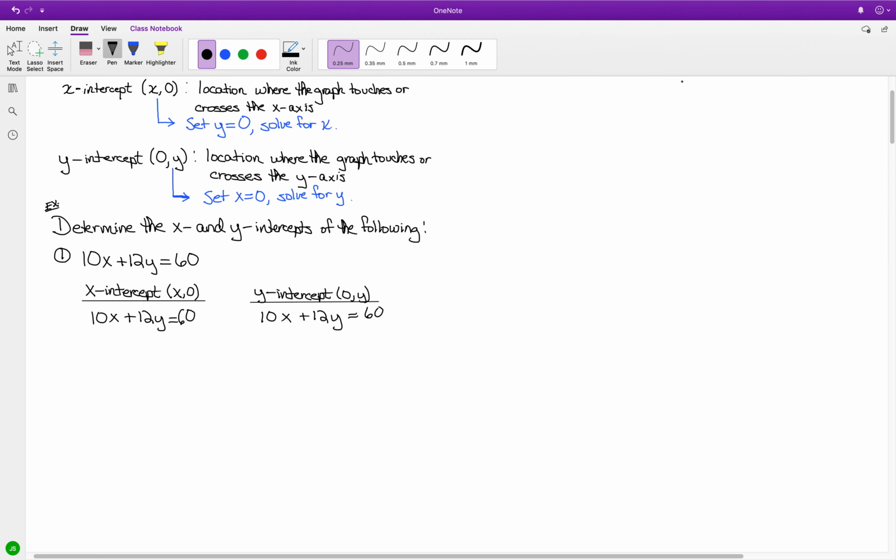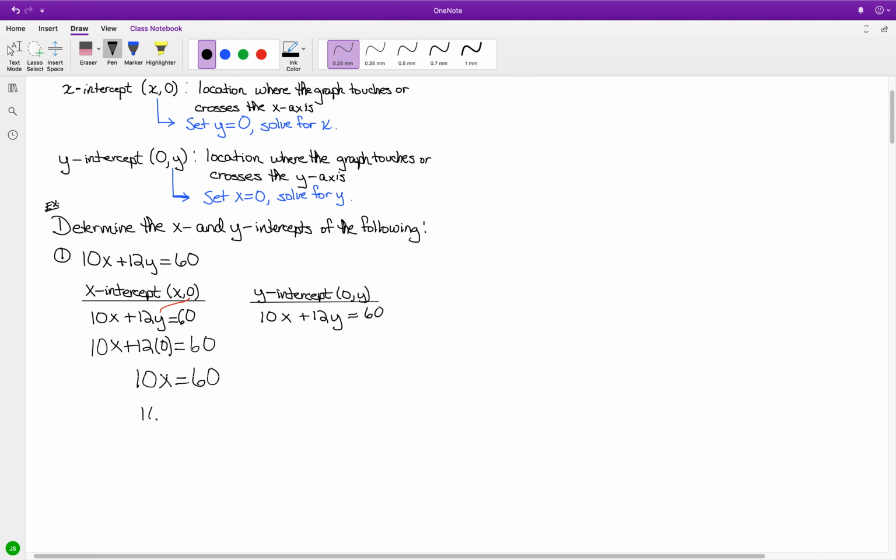So we rewrite it as 10x plus 12 times 0 is equal to 60. 12 times 0 is 0, so the left-hand side becomes 10x, and 10x is equal to 60.